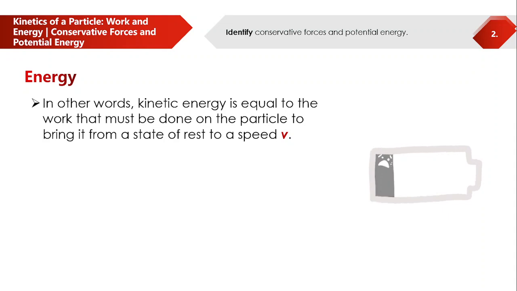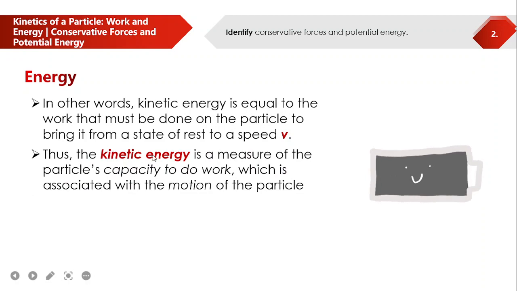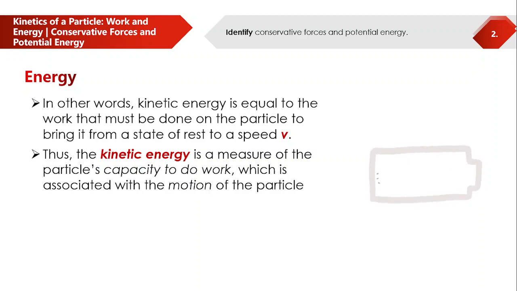We need the work to obtain the speed v so that we have kinetic energy. Thus, the kinetic energy is a measure of the particle's capacity to do work which is associated with the motion of the particle. So, when we say kinetic, it involves motion. Okay, that's how simple the analysis is here.